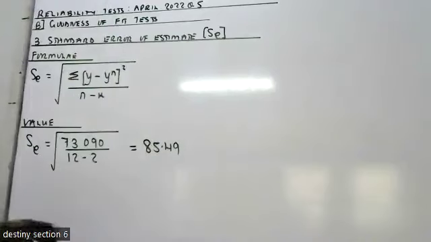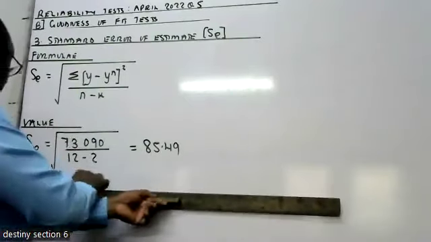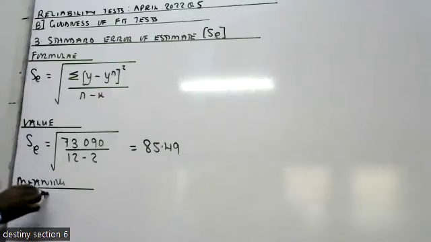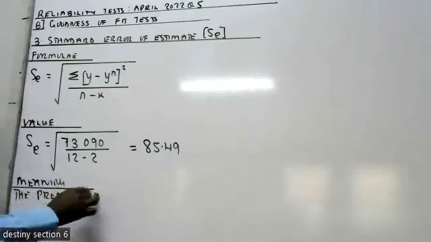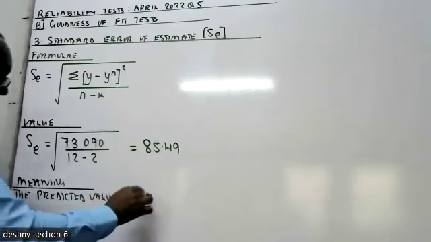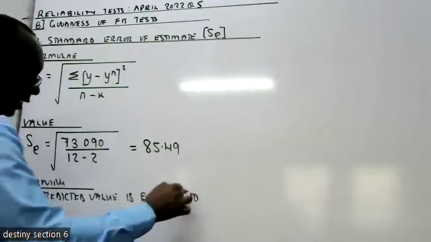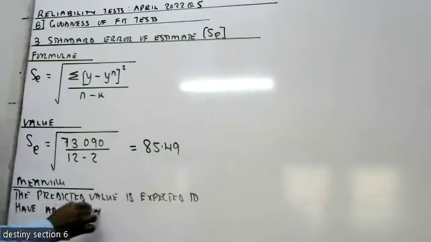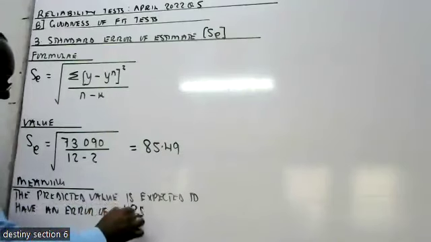So if that is the answer, 85.49, the meaning of this is that the predicted value is expected to have an error of plus or minus 85.49.